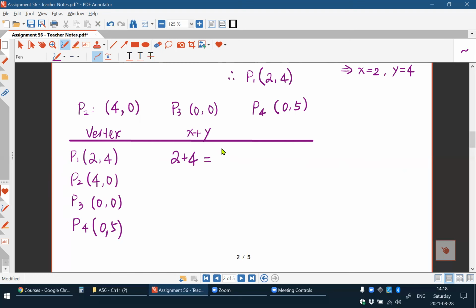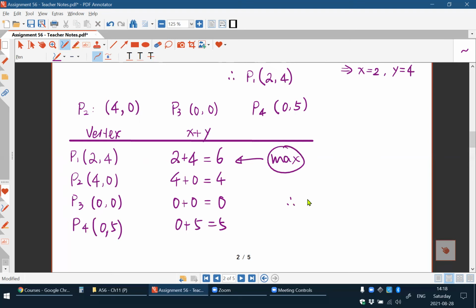And at each of these vertices, the target function is, okay, let's start from P1. Target function is 6. P2, target function is 4. P3, target function is 0 plus 0 is 0. And P4, target function is 5, right? Then you can see that at point P1, the target function has a maximum value, right?